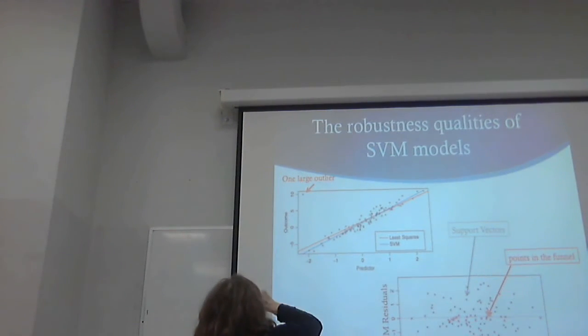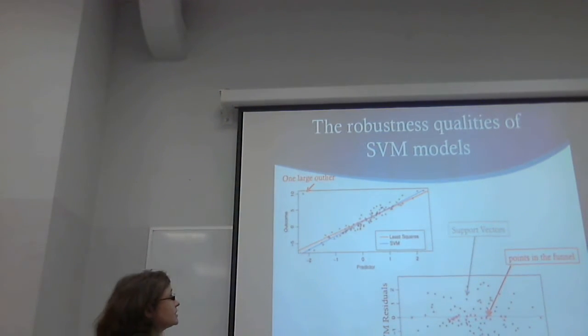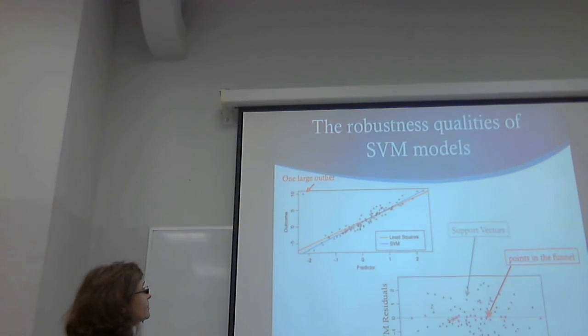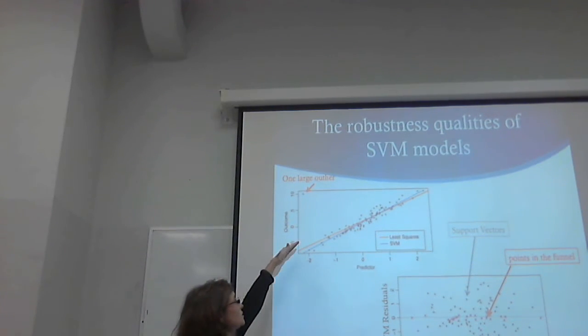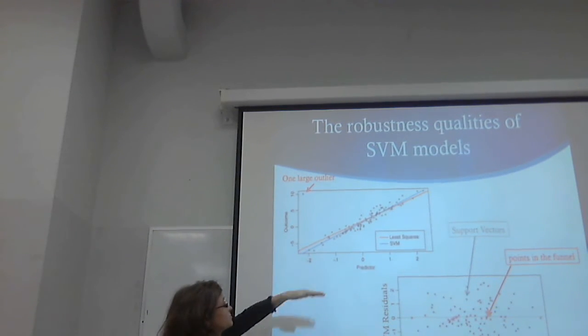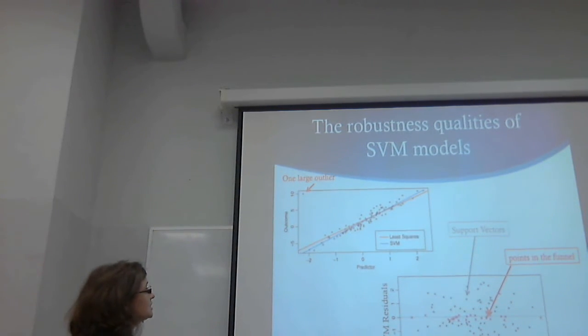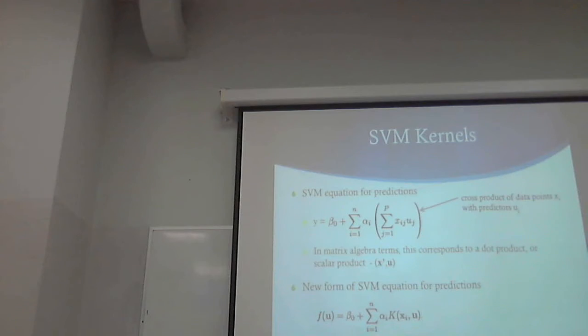And here is an example showing least squares, which you remember is just the normal regression line. In SVM there could be a difference in the line, outcome versus predictor. This is just one predictor, and SVM could behave better than just linear regression. It can be tuned so that at the end it works better.